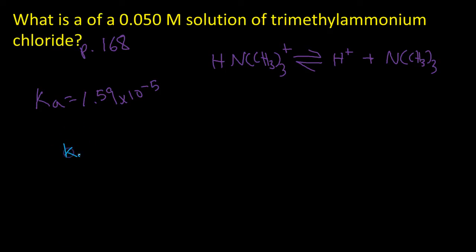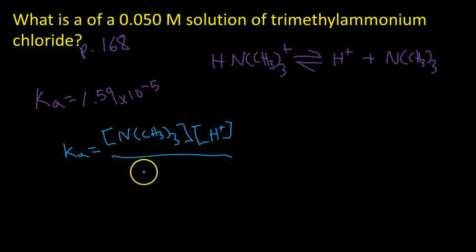So Ka equals, I'm just going to draw this, the concentration of your conjugate base times the concentration of H+ over the concentration of the protonated form.